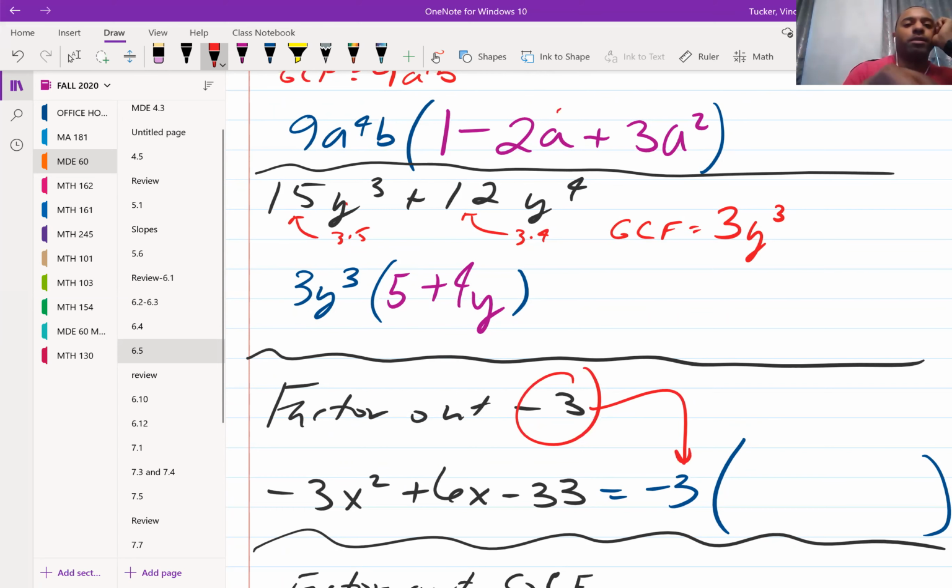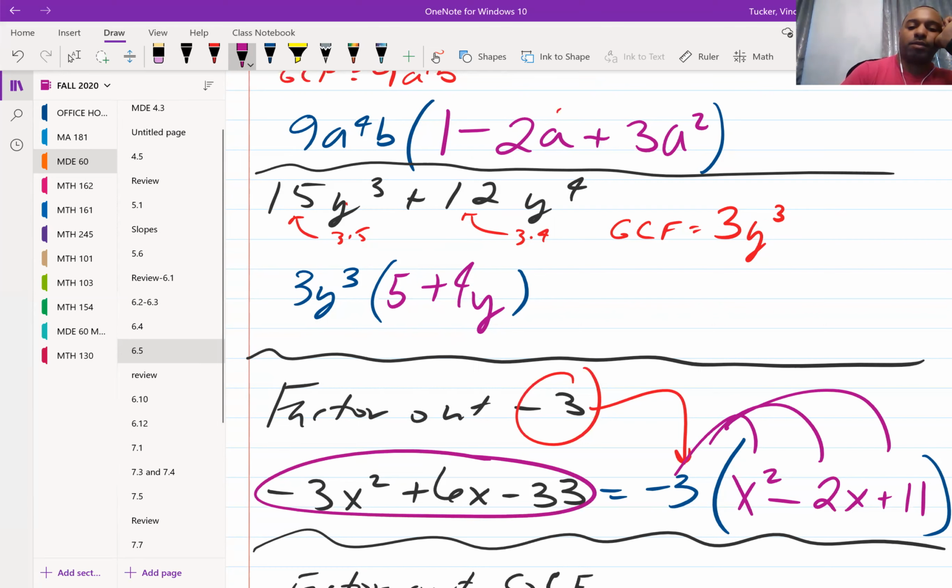So if you pull the -3 out, what's left is going to be x squared. We're looking at this first term, taking -3 from that, be x squared minus 2x plus 11. So don't forget, this has to multiply to give you back this expression.